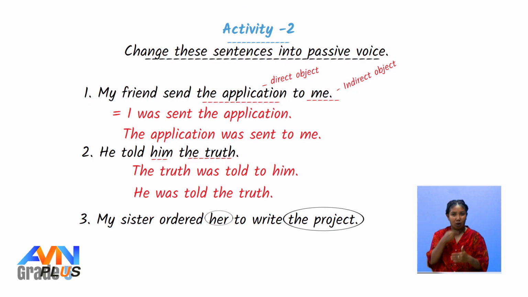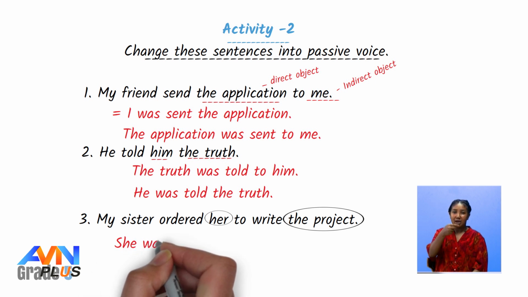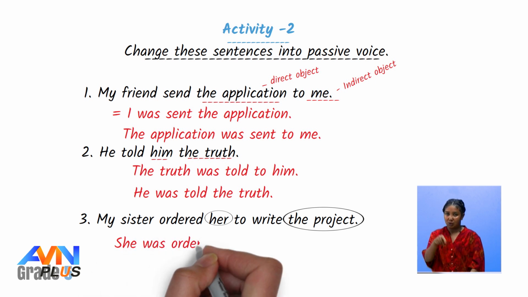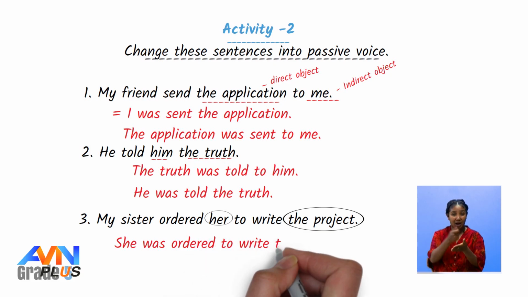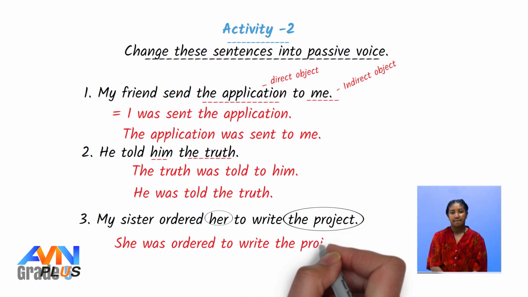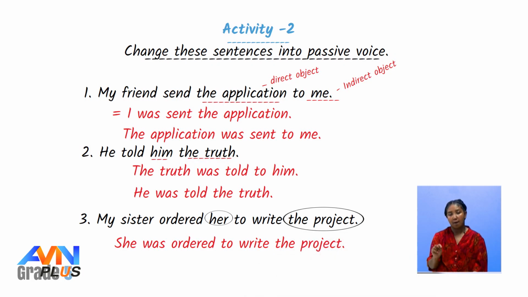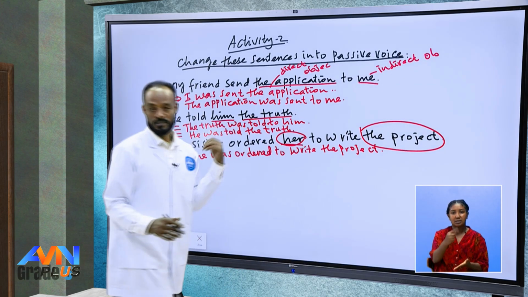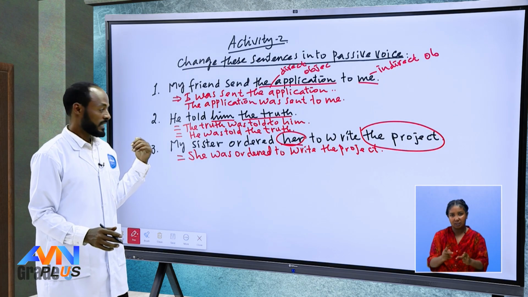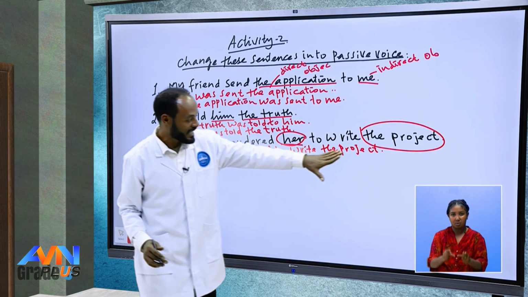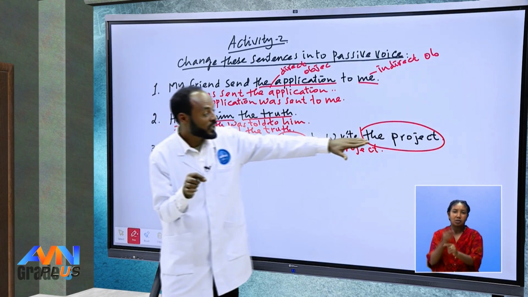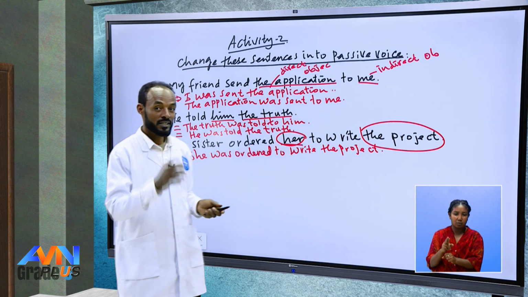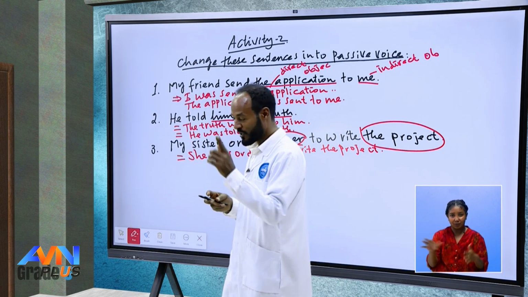So we have to say she was ordered to write the project. And also maybe we can say the project was, it's possible just like this, because the project is just not the receiver of the action. That is the complement. Am I clear? Good. If you did like this, really you are on the right track.